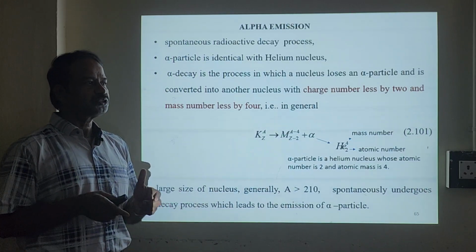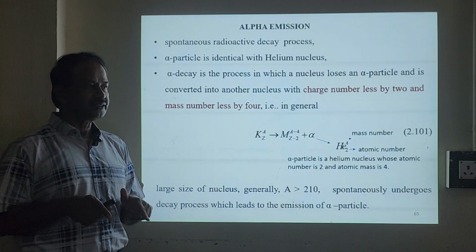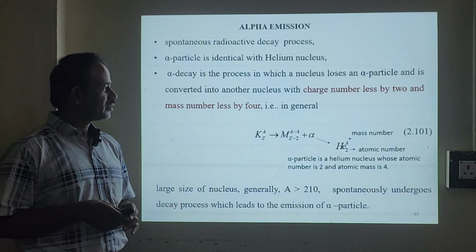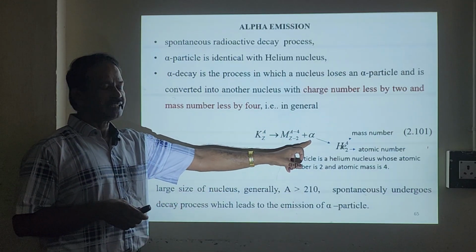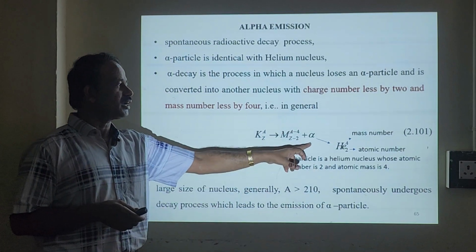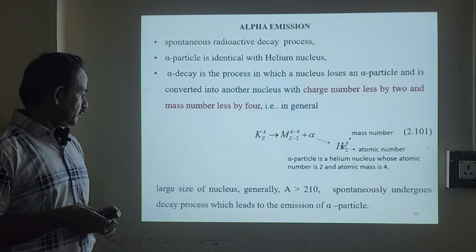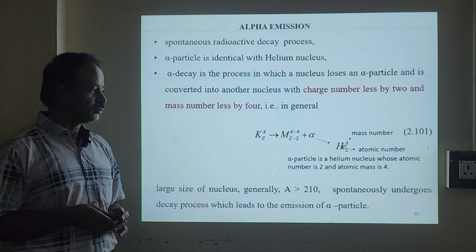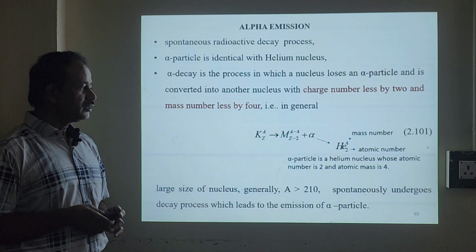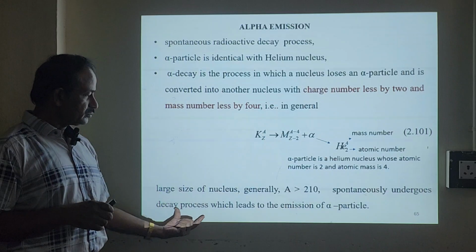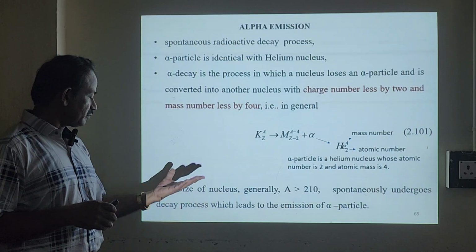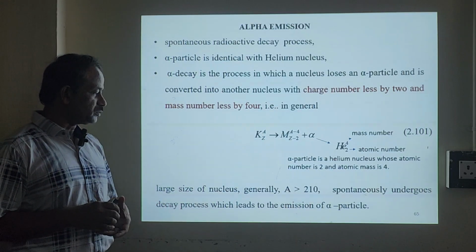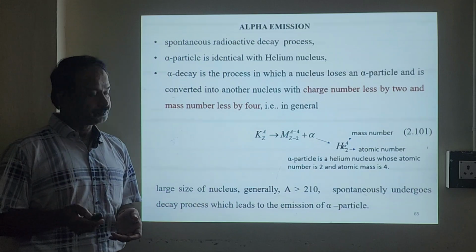The mass number and charge number are reduced, and what is emitted is a helium particle, which is the alpha particle. As I said, a large nucleus, generally with A greater than 210, will spontaneously decay by emitting an alpha particle.